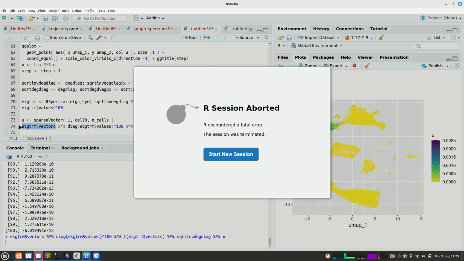We can compare two vertices by just asking how far apart they are in this space.